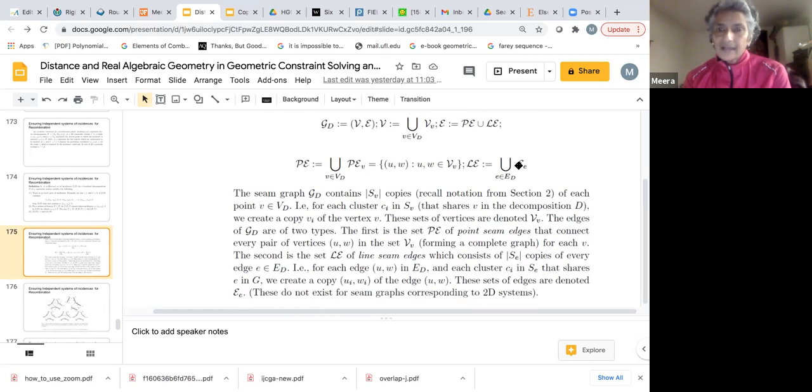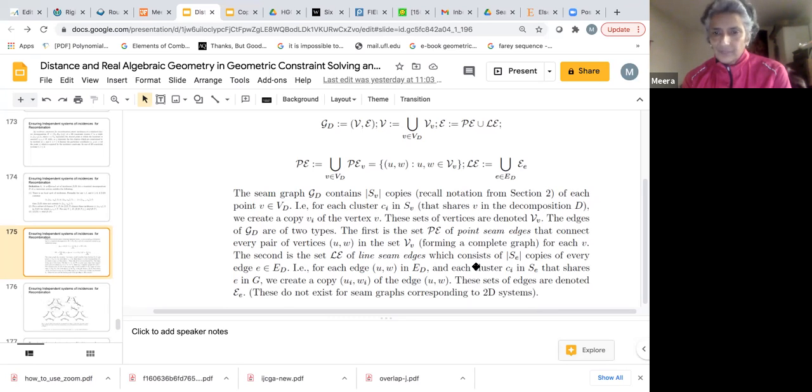And then the line seam edges are essentially, if you have a particular edge that belongs in two clusters, then you make two copies of that edge. In however many clusters, however many elements of D it belongs to, you make that many copies.